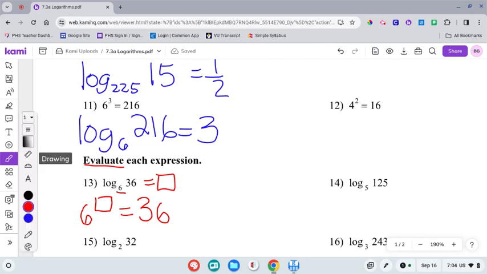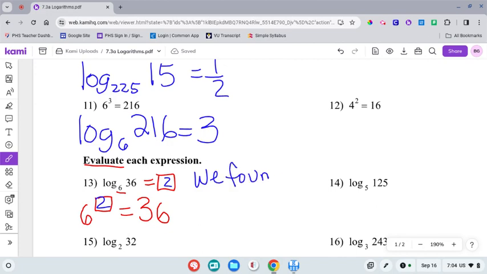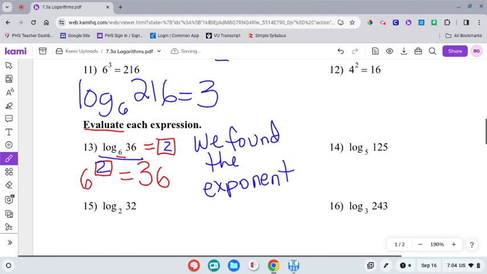Well, it's got to be 2. 6 to the second power equals 36. So the answer is 2. Log base 6 of 36 equals 2. What we are finding is the exponent. People look at logarithms and get super confused, but all we're doing with a logarithm is finding the exponent that makes it work.